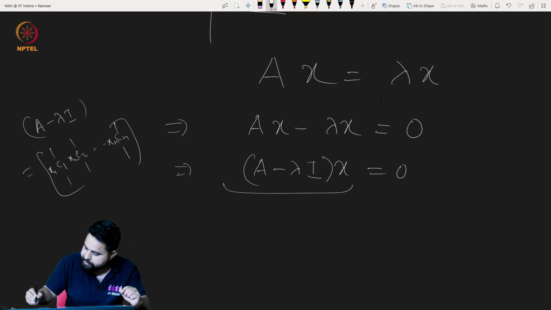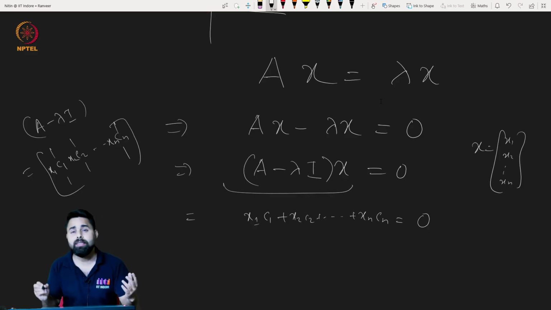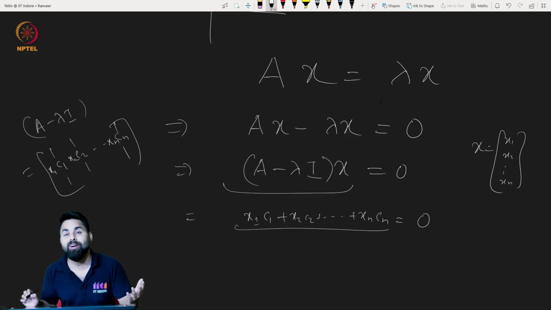So this x1 times c1 plus x2 times c2 and so on, up to xn times cn, is actually 0. And by the way, not all the xi's are 0, because this is a non-zero vector.